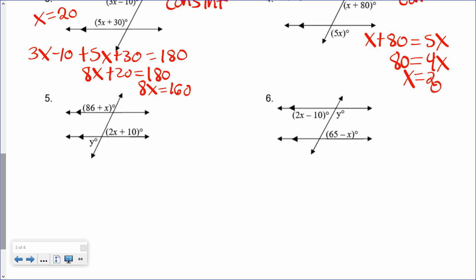Now, what's the relationship between the angles that have x's? Hold on, what type of angle pair? They currently do not have a relationship. So you have to use the shift trick. You have to shift one of the angles somewhere else. So I'm going to move the 86 plus x to a position where they actually do have a relationship.